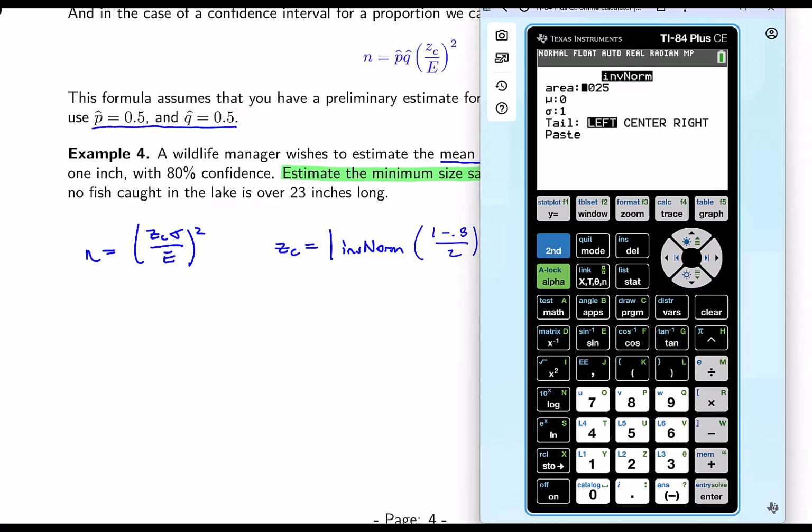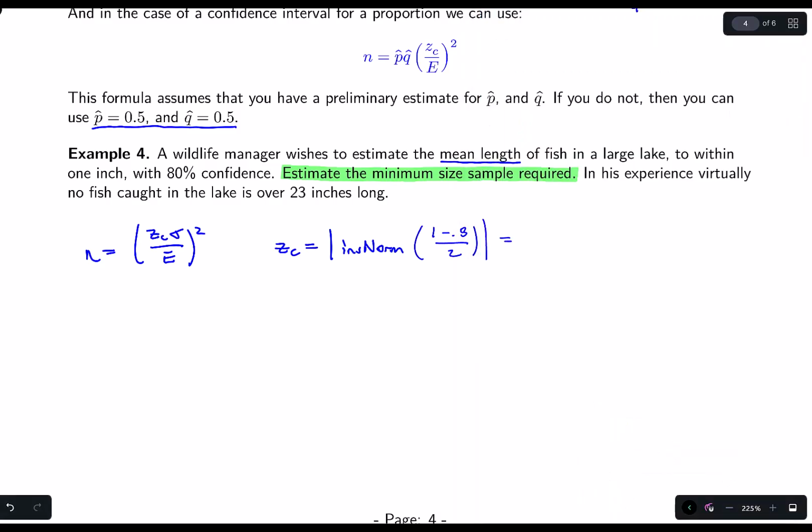So 1 minus 0.8 is 0.2, and when you divide that by 2, that gives you 0.1. Mean and standard deviation, 0 and 1 respectively, tail set to left, and negative 1.28, which we'll just make positive, so positive 1.28.